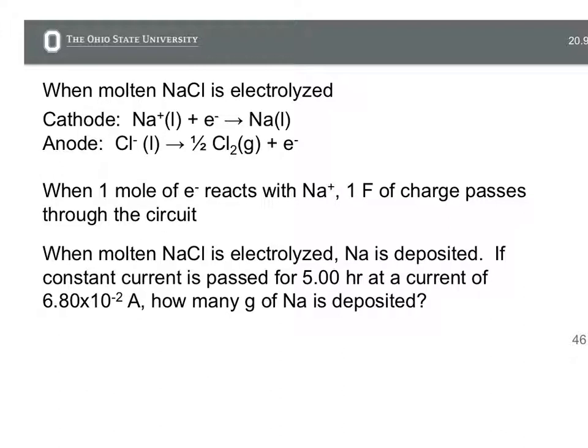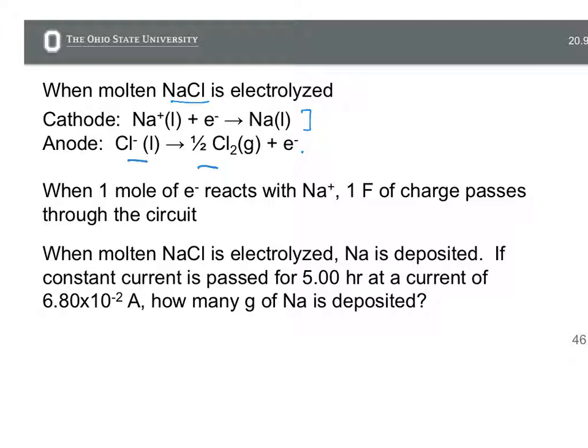So let's look at an example of when we're electrolyzing sodium chloride, molten sodium chloride. At the cathode, we're going to have this reaction taking place, the sodium ion plus an electron forming liquid sodium. At the anode, we're going to have the chloride ion forming chlorine gas and an electron.